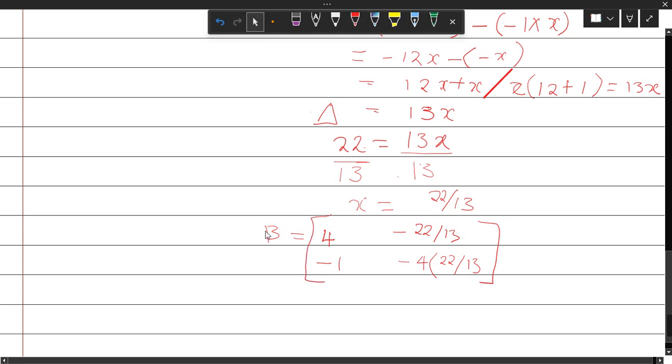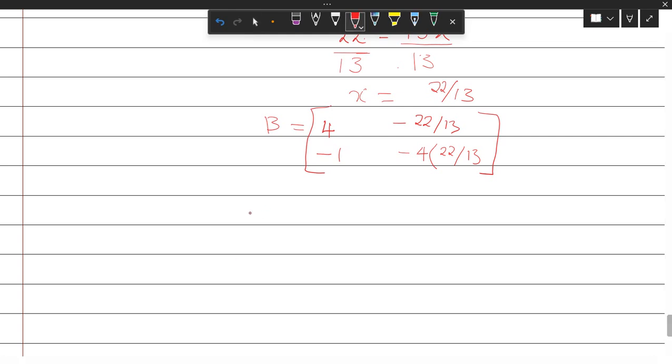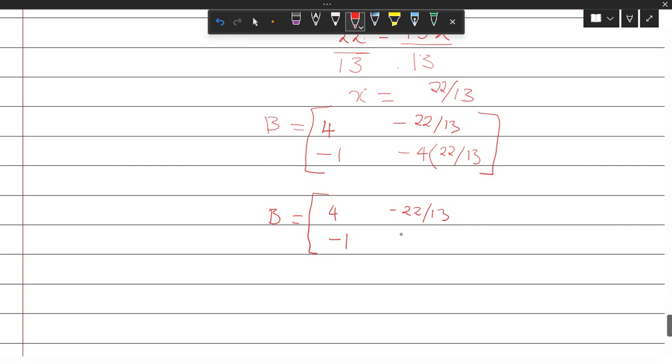We can simplify it a bit further so it looks cleaner. So B equals 4, negative 22 over 13, then negative 1 here, then multiplying the 4, negative 88 over 13. So this is matrix B.